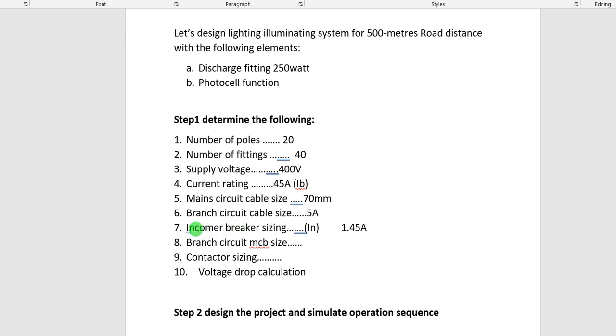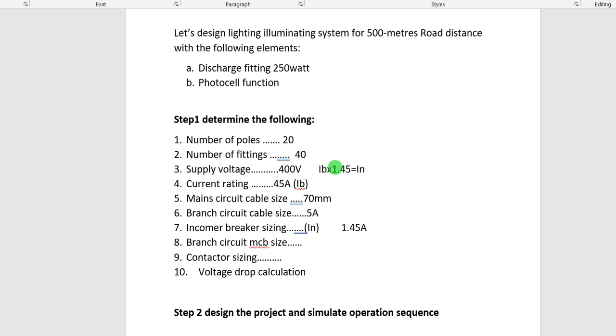Okay, so to determine the rating of your IN, that is the protected device size, you are going to multiply IB, that is your design current, by 1.45 to get IN.